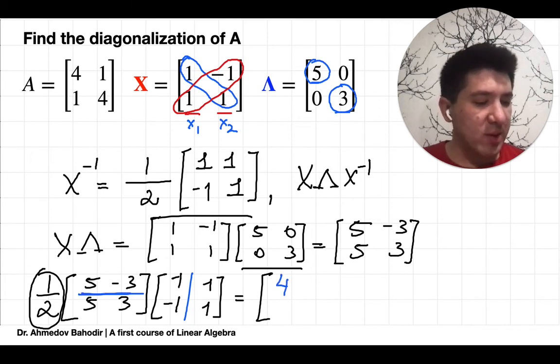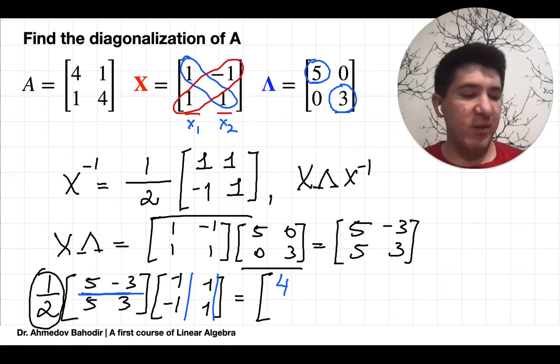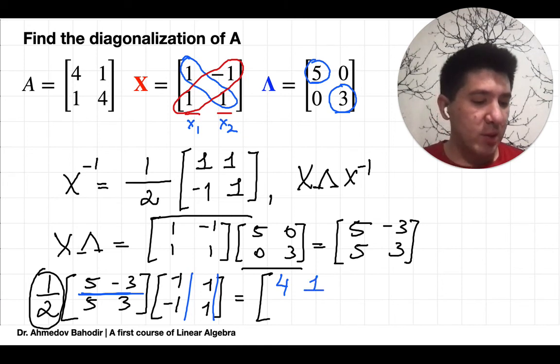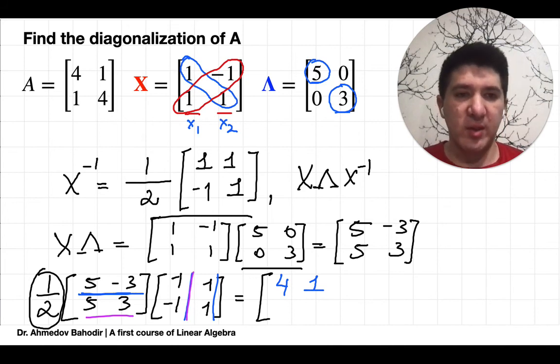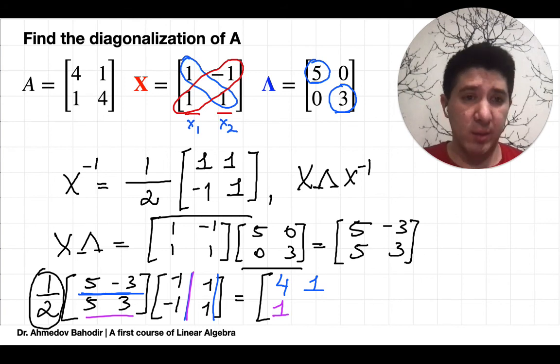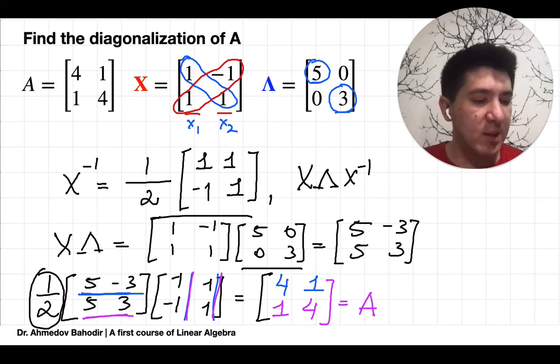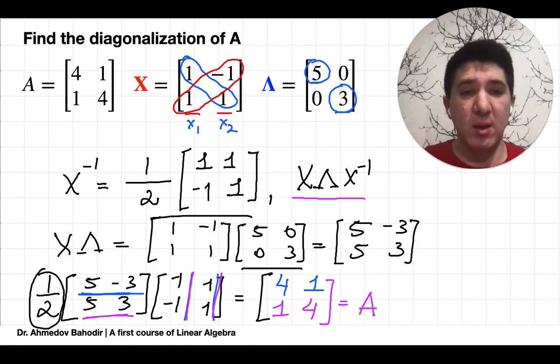The first row times the second column is simply the sum of these two numbers, which is 2, divided by 2, which is 1. The second row times the first column is the subtraction of the two numbers. So 5 minus 3 is 2, divided by 2, it's going to be 1. And the second row times the second column is simply the sum of 5 and 3, which is 8 divided by 2, equal to 4. Which is indeed the A. So the multiplication of X Lambda and X inverse is equal to A.